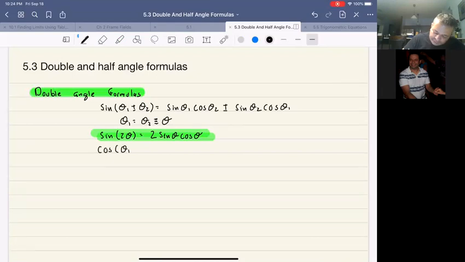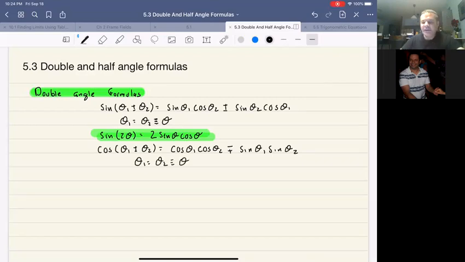Cosine theta 1 plus or minus theta 2 is equal to cosine theta 1 cosine theta 2 minus or plus sine theta 1 sine theta 2. Okay, so you let theta 1 equal theta 2, being some theta.